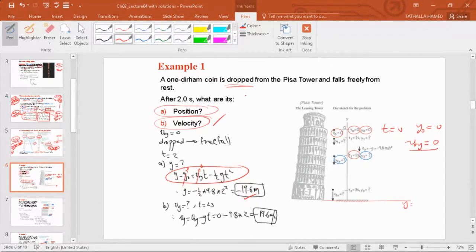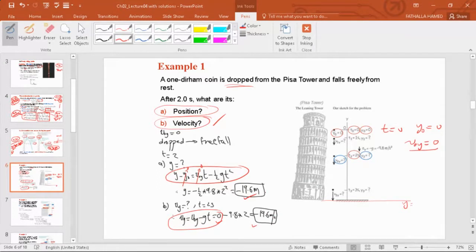Now, velocity after 2 seconds, it is vy equal to v0y minus g t. The v0y is equal to 0, and of course, minus 9.8 times 2 gives you minus 19.6 meters per second. Now, the units here is meter, the units here are meters per second.